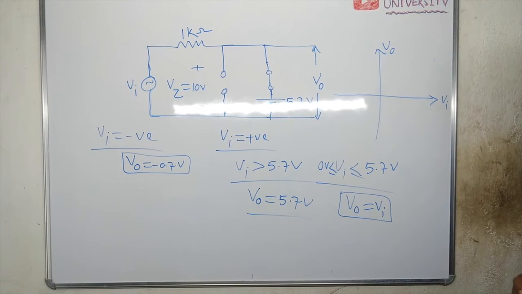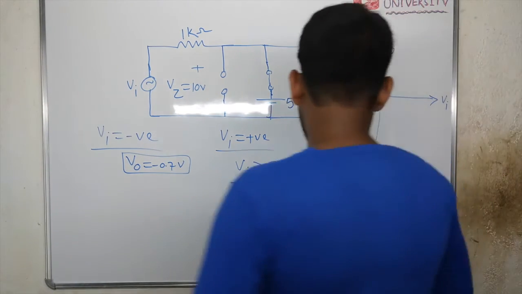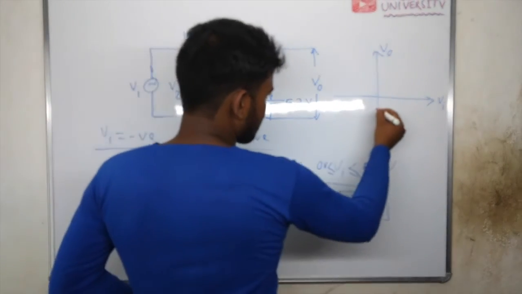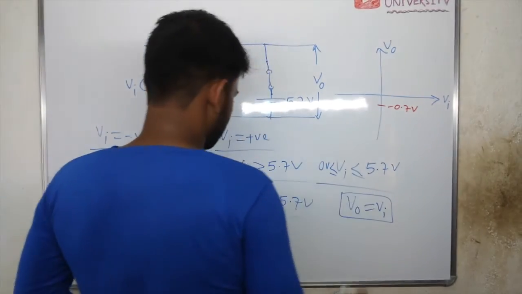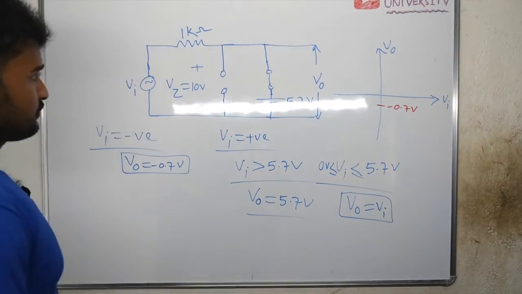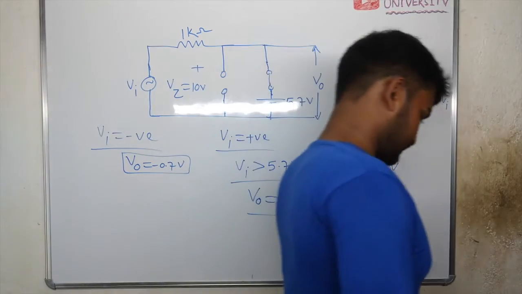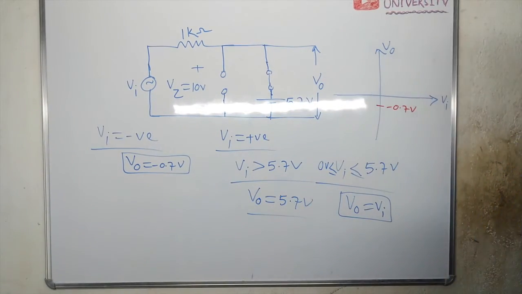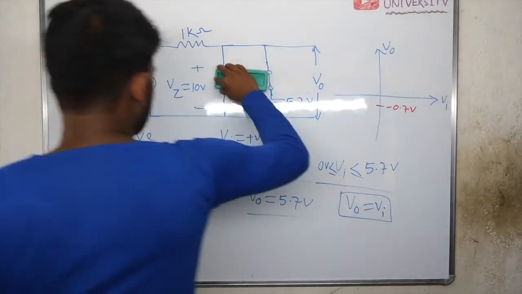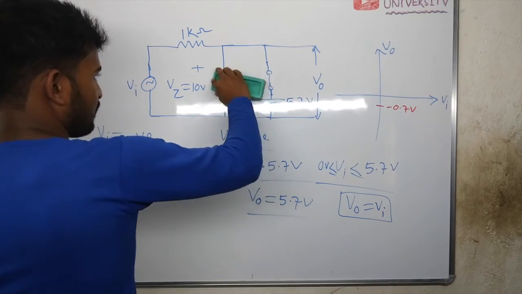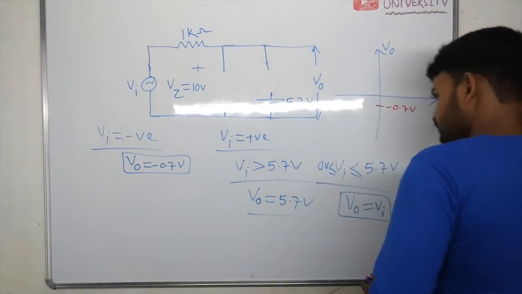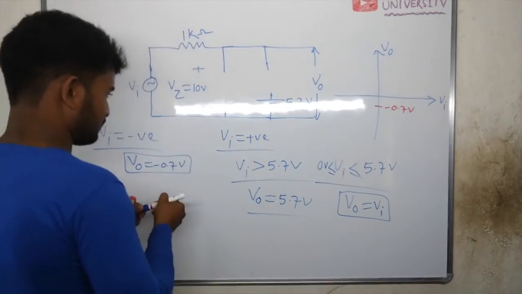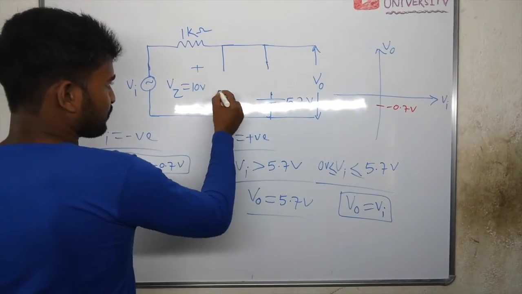And for negative values of input VA, I said the output voltage equals minus 0.7 volt. I'm sorry, while discussing negative values of input, let's consider this again.